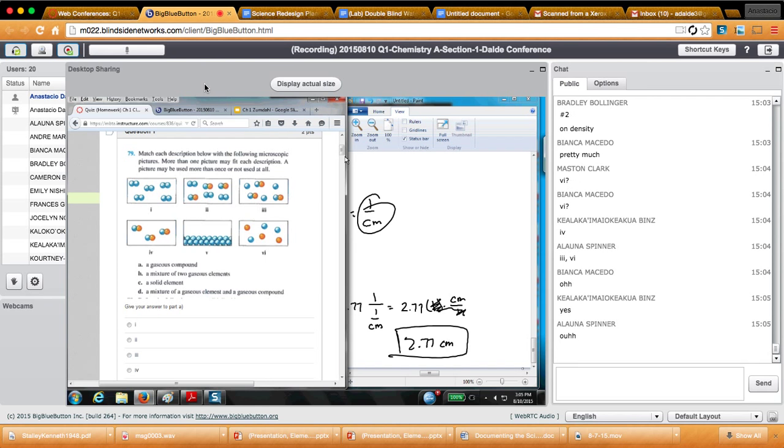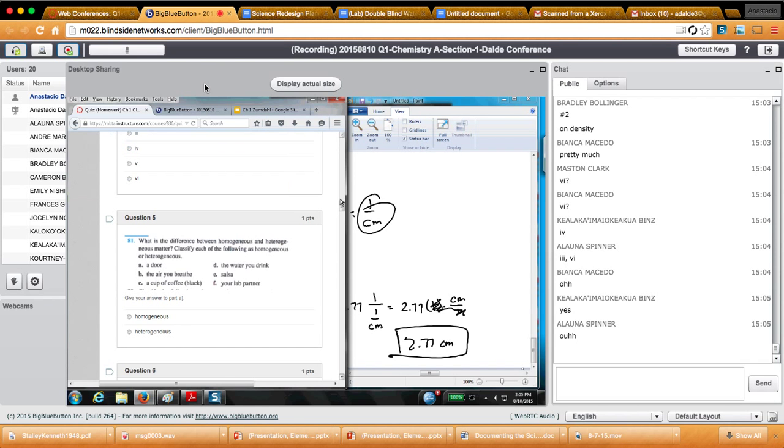All right. So that would be that kind of homework. Let's see. The difference between a homogeneous and a heterogeneous matter. Classify each of the following as homogeneous or heterogeneous. A door. I still feel it's heterogeneous. Is a door heterogeneous or is it homogeneous?